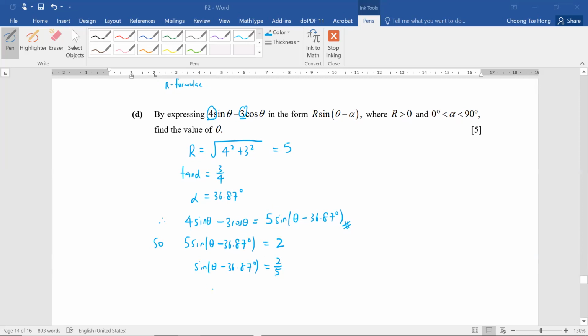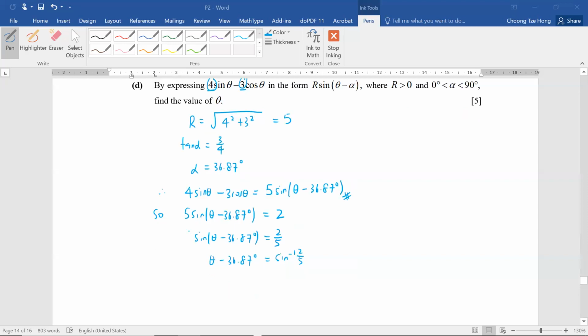Then we just take sine inverse on the other side. If you do that, theta will be equal to 23.5 plus 36.87. To 1 decimal place, you will get this answer.